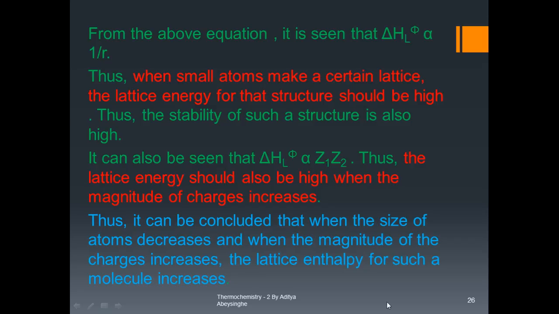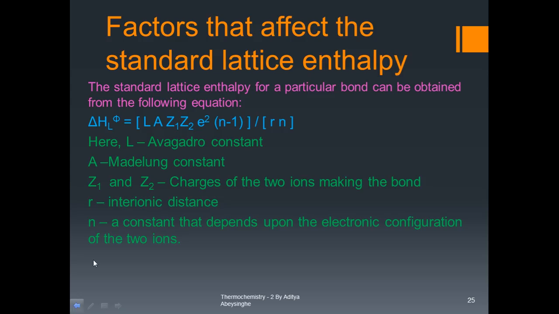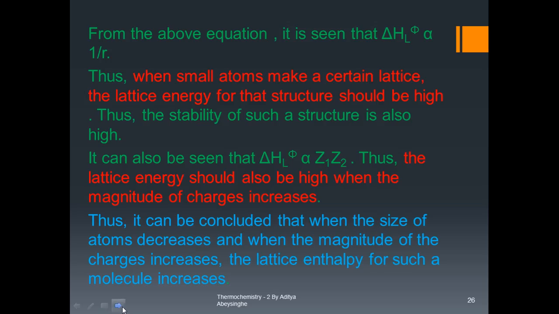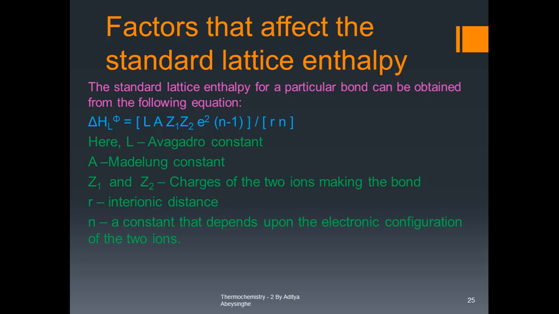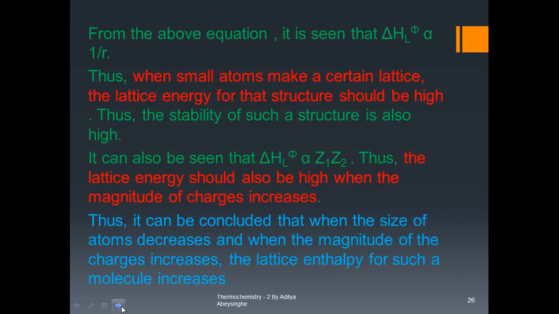From the above equation, you can see that delta HL is inversely proportional to the inter-ionic distance. Thus, when small atoms make a certain lattice, the lattice energy for such a structure should be high. Thus, the stability for such a structure is also high. Another important relationship is that the standard lattice enthalpy is directly proportional to the product of the charges of the two ions. So when the charges of the two ions increase, the standard enthalpy is high.